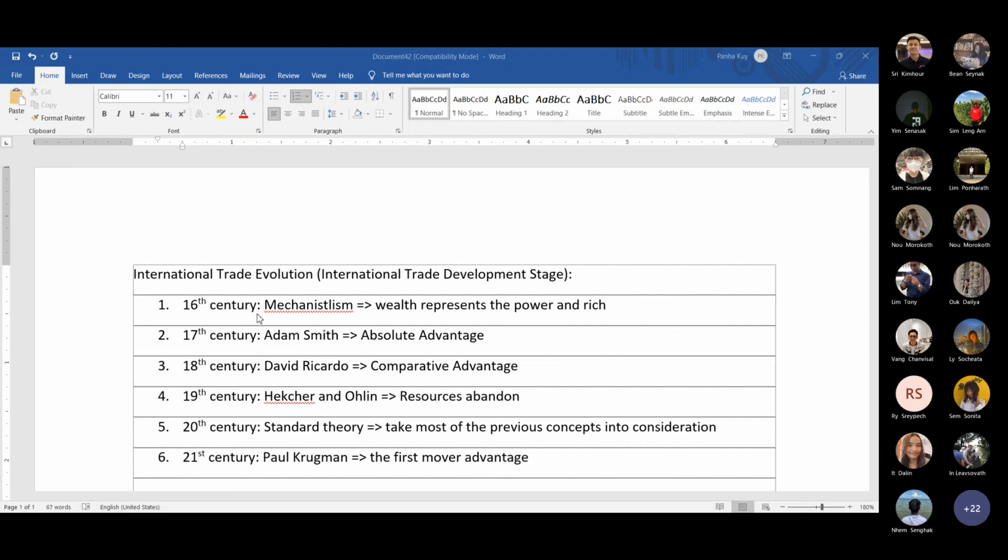So let me summarize for you a little bit about international trade evolutions. It happens in the prehistory, okay, so be aware of that. And how can we observe the international trade concept happening? We observe it in the prehistory because people understood how to divide the tasks together, allocating tasks to be done. If you look at history, in order to survive, people went to the forest to hunt and collect fruit, right?